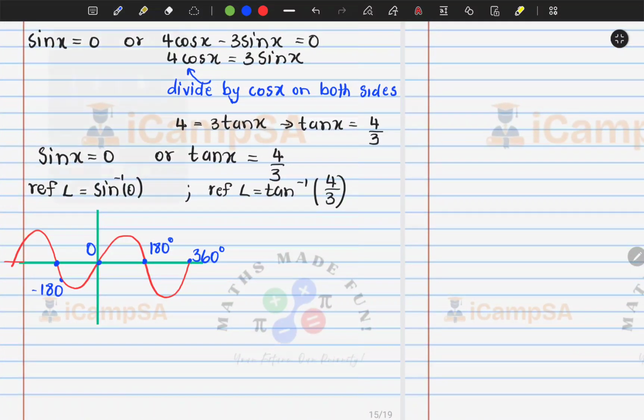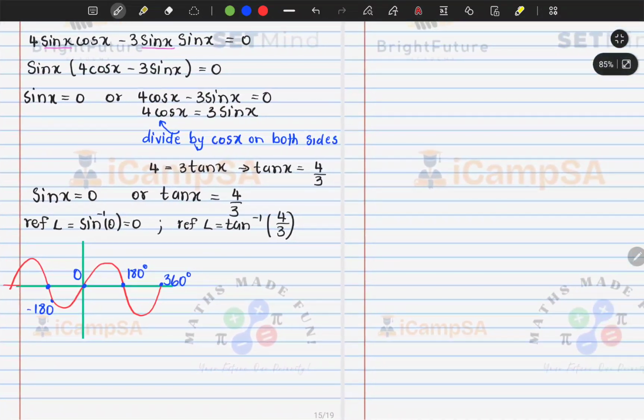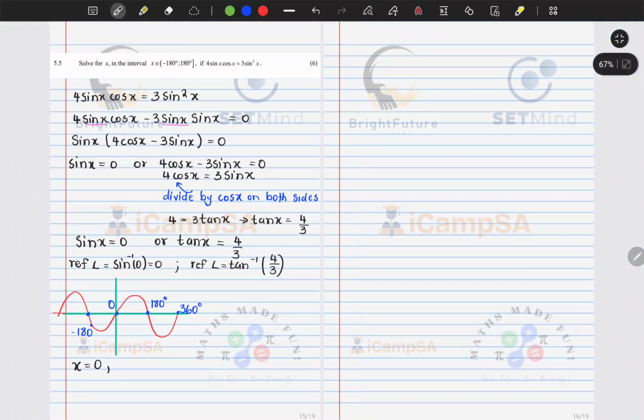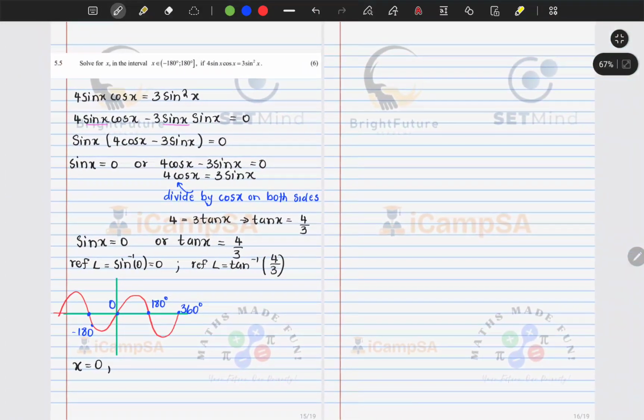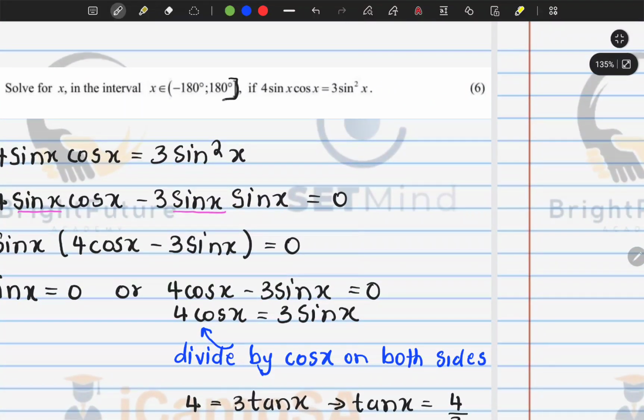So you will see that our reference angle there can be 0, but we know that sine is 0 at multiple points. Which means we have x values which are 0, and we also have an x value at 180 because it's still within the limit. 180 is included, it's only negative 180 that is excluded.